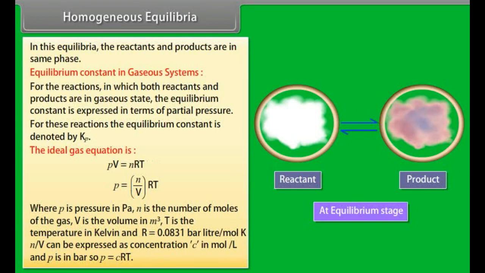to 0.0831 bar liter per mole Kelvin. n by V can be expressed as concentration C in mole per liter and P is in bar. So, P equals CRT.